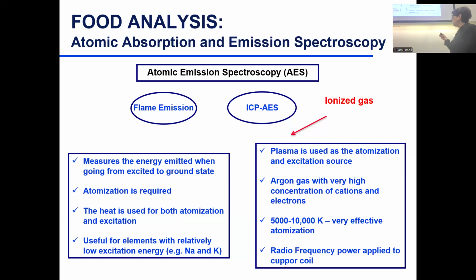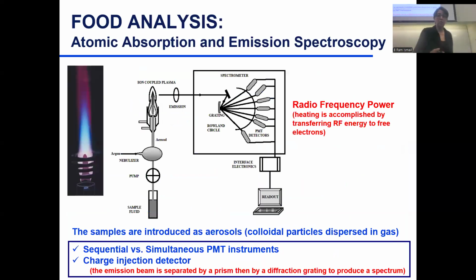And then we can heat up the gas using radio frequency power when we apply it to a copper coil. And then the temperature can be really, really high. And when the sample goes into the plasma, it gets atomized and excited. So that's the plasma.